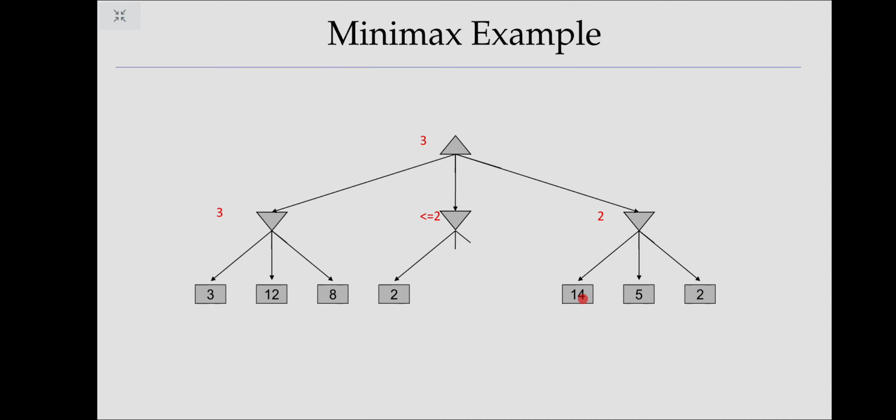The minimum over 14, 5, and 2 is 2, because 2 is worse than 3. The max player does not select this action, and the searching stops. As you see, the search stops without considering some parts of the tree because of the pruning. This is the meaning of pruning in min-max.